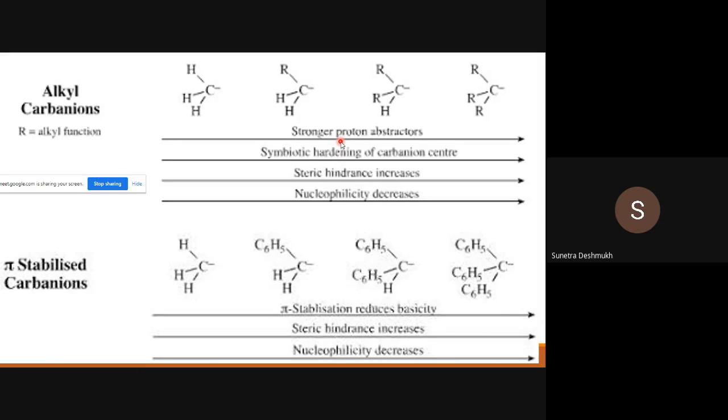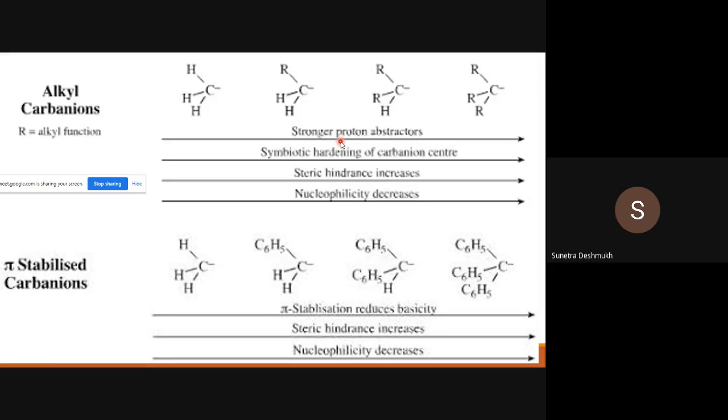Like we just discussed with Grignard reagent, if a trialkyl Grignard is used, it acts as the strongest base but a weak nucleophile. So there is a relation between basicity and nucleophilicity. If any moiety acts as the strongest base, eventually that moiety will act as the weakest nucleophile.